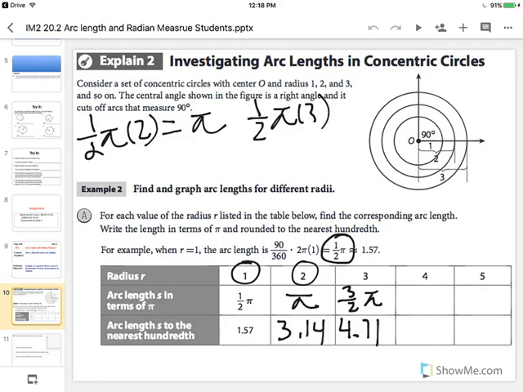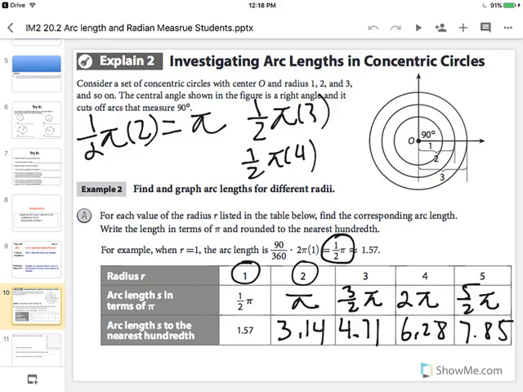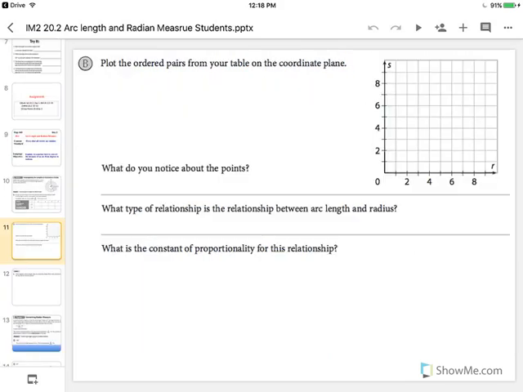For 4, it would be 1/2 pi times 4, reduced to 2 pi, so it will be 6.28. And for 5, this is 5 pi over 2, so 7.85.